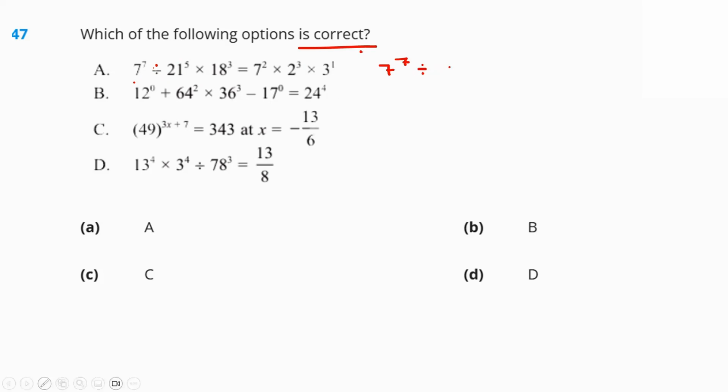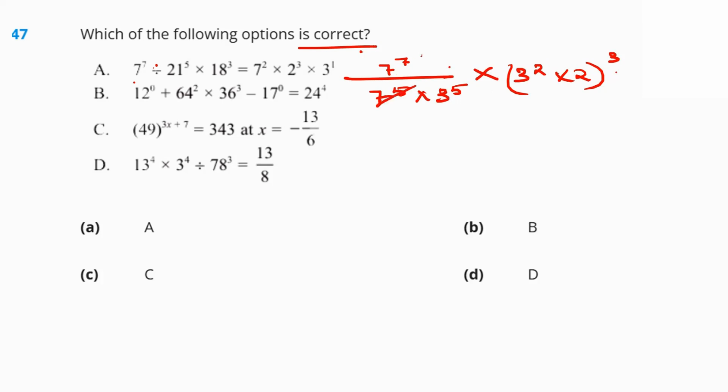If you break it up into 7 and 3, 21 can be written as 7 raised to 5 multiplied by 3 raised to 5. Since it was in division, I brought it in the denominator. Multiplied by 18, which can be written as 3 into 6 or 9 into 2. 9 is 3 square into 2. 18 can be written as this, whole to the power cube.